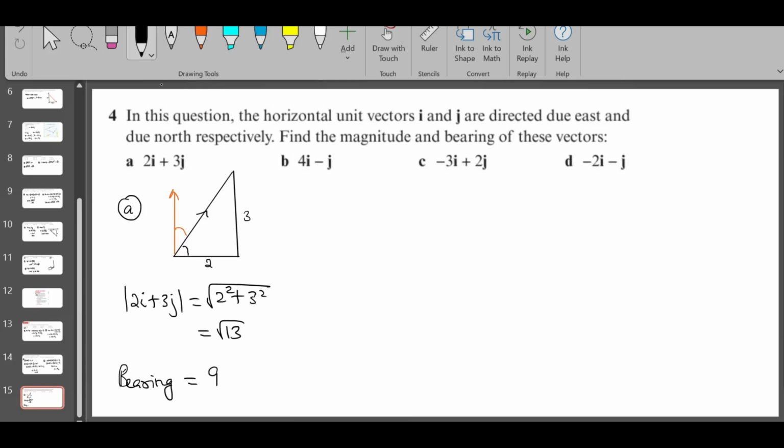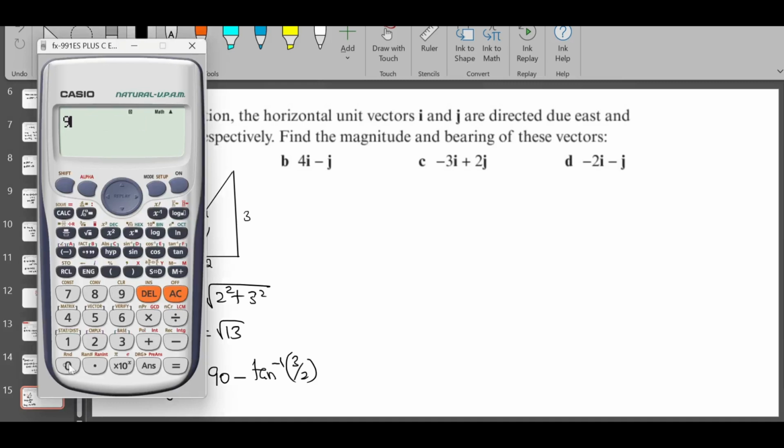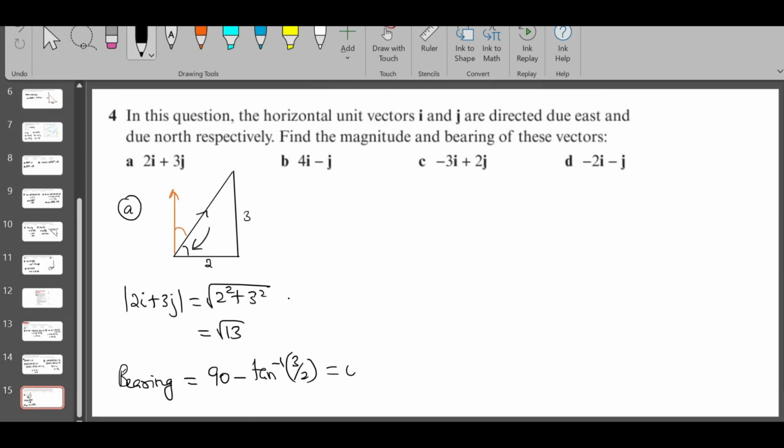Bearing is 90 minus this interior angle, tan inverse of 3 over 2. So 90 minus tan inverse of 3 over 2 is 33.6, take it as 34, so the bearing is 034 degrees.